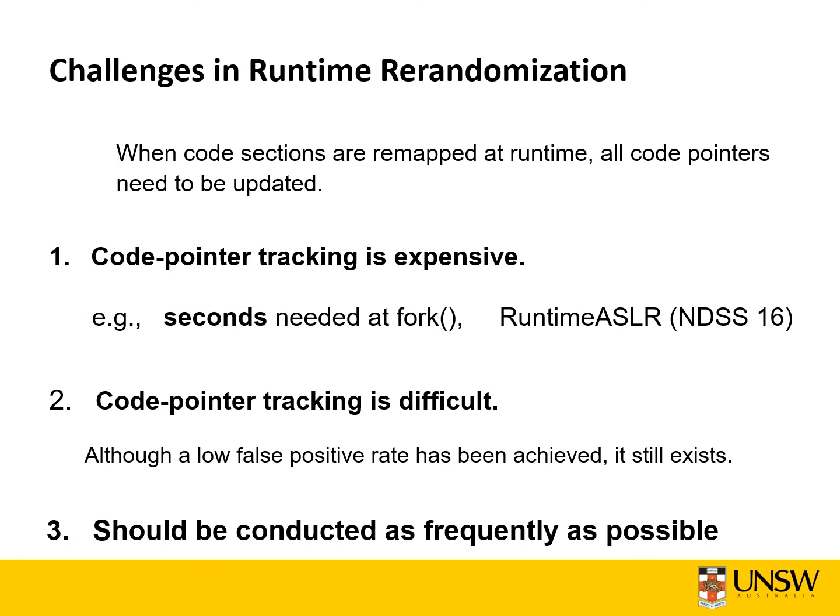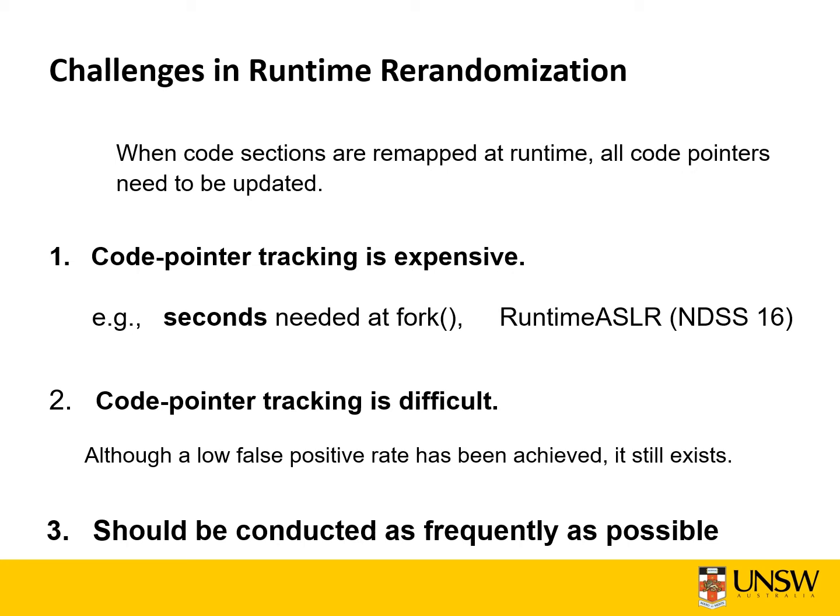There are some challenges we must face in runtime rerandomization. First, runtime code pointer checking is expensive. The state-of-the-art runtime rerandomization solution, runtime ASLR, which was published at NDSS 16, spends several seconds to conduct a round of rerandomization.